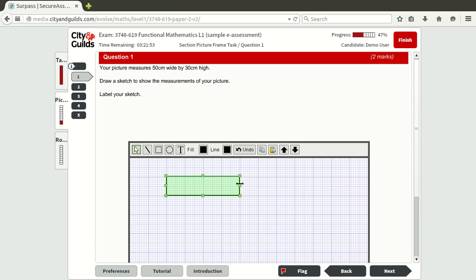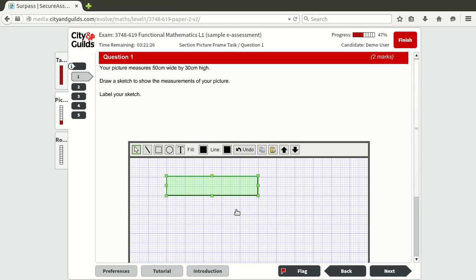So I'm dragging. So that's 10. Right, so that's 10, 20, 30, 40, and 50 is down right there. So that's 50 centimeters wide, and now I need 30 centimeters high.